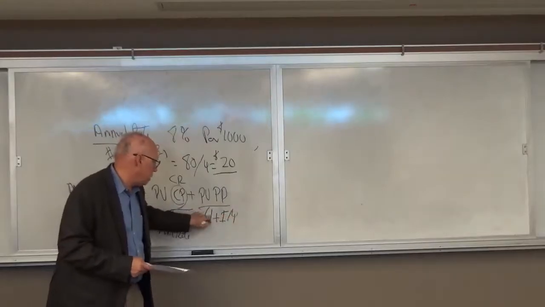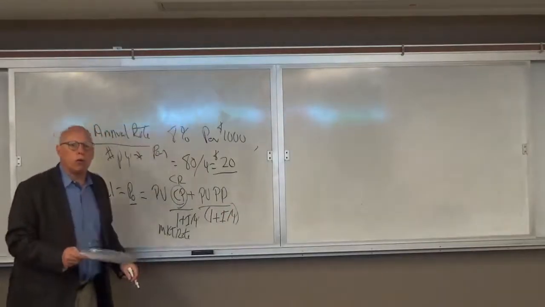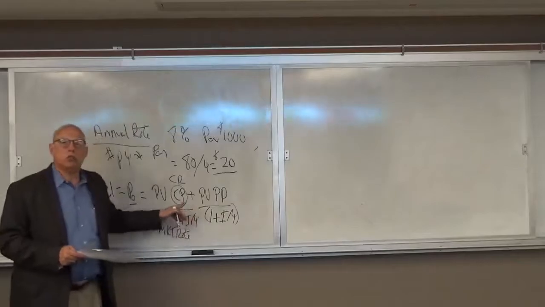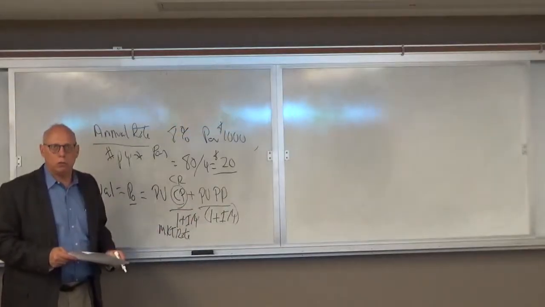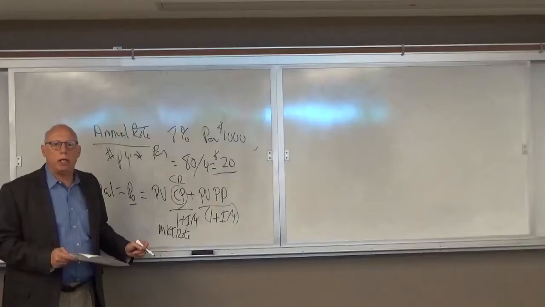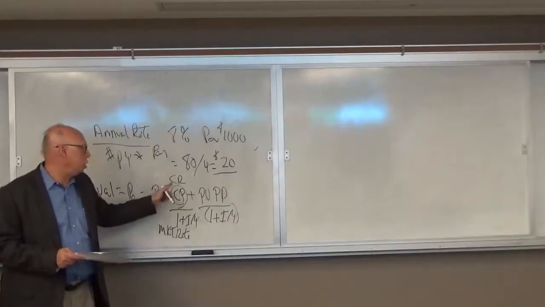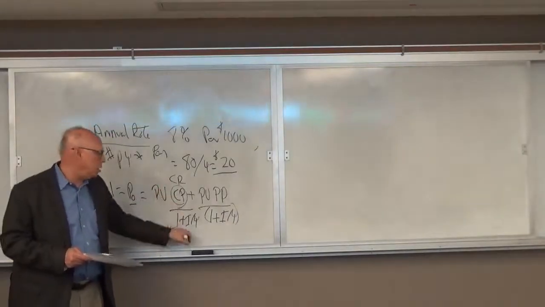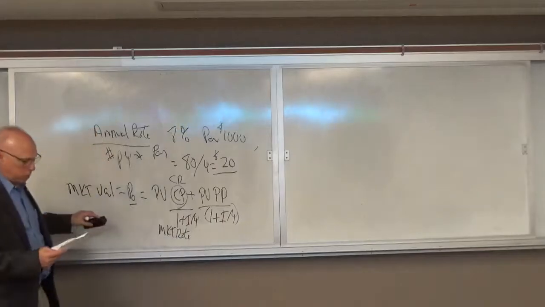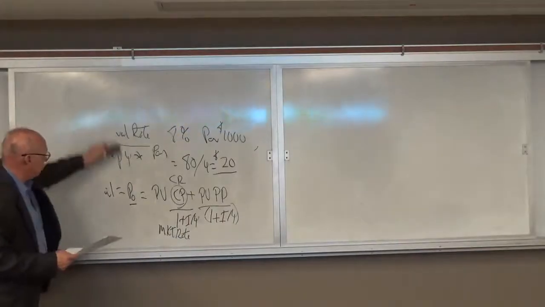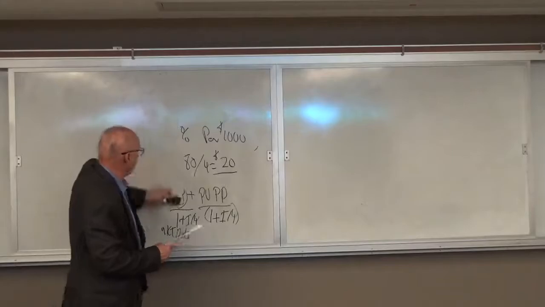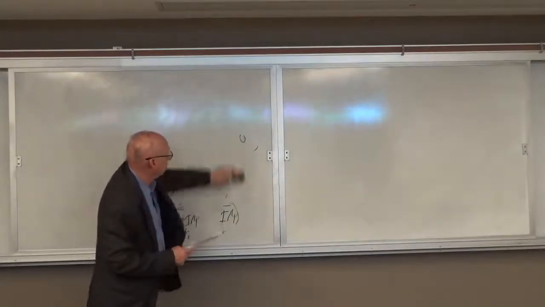So the market rate is the discount rate used to find the present value of the payments. And the coupon rate is the contractual rate that is used to compute the periodic interest payment. So let's work an example or two. It'll help you understand it when we work a couple of examples.